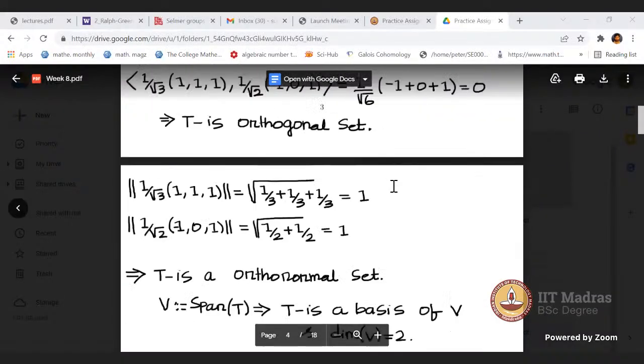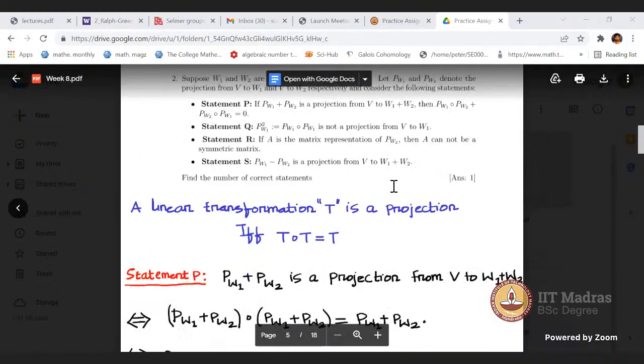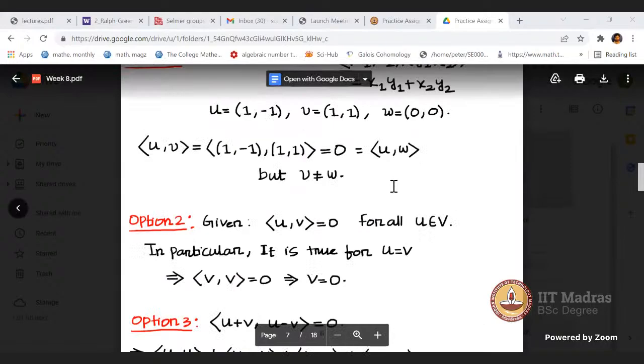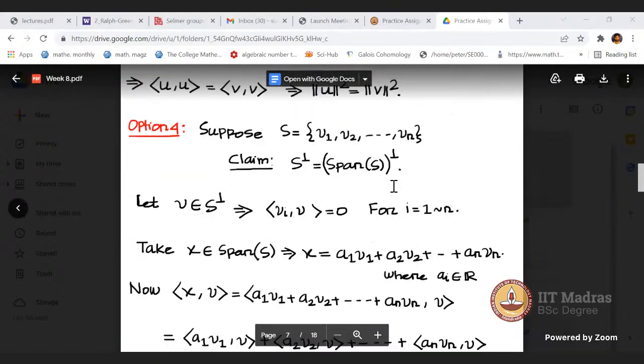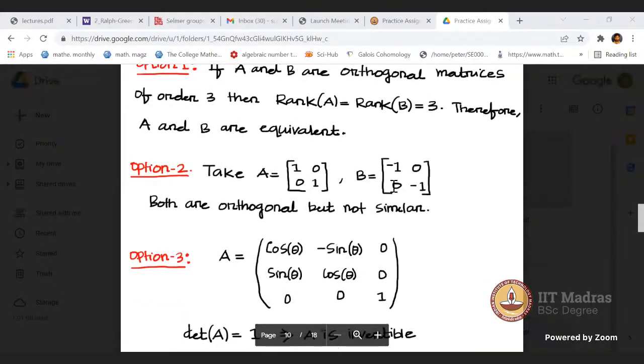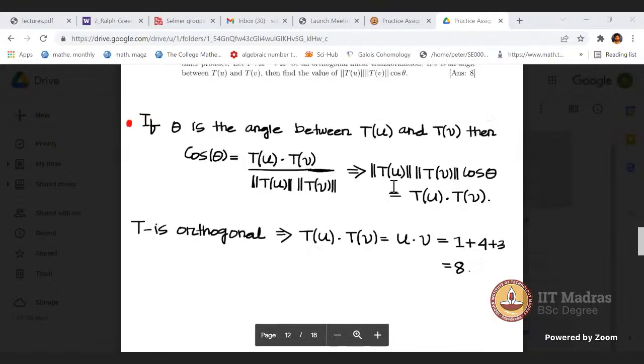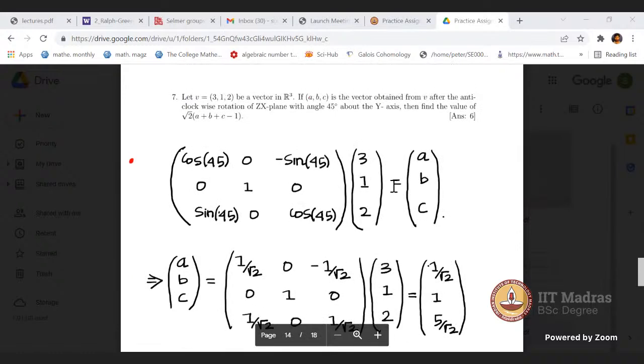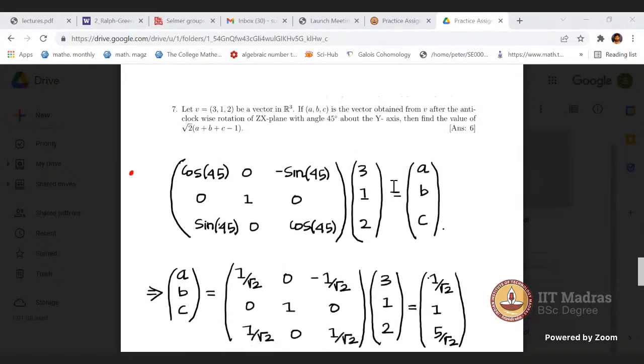Yeah, so question number 7, right? What is the mistake here? The a plus b plus c is coming out to be 7 by root 2.